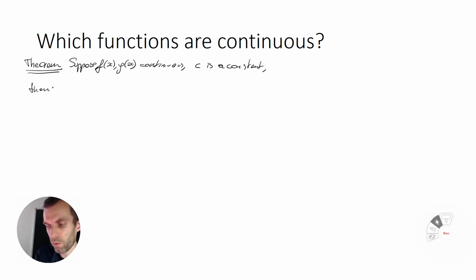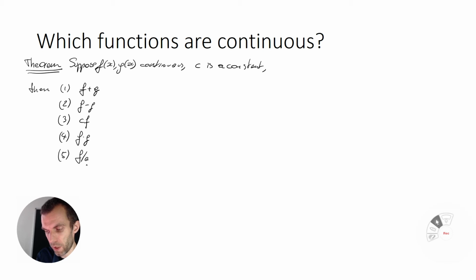Then we have 5 classes of new functions that we can make, and they're all continuous. f plus g, f minus g, c times f, f times g, and f divided by g. These will all be continuous.